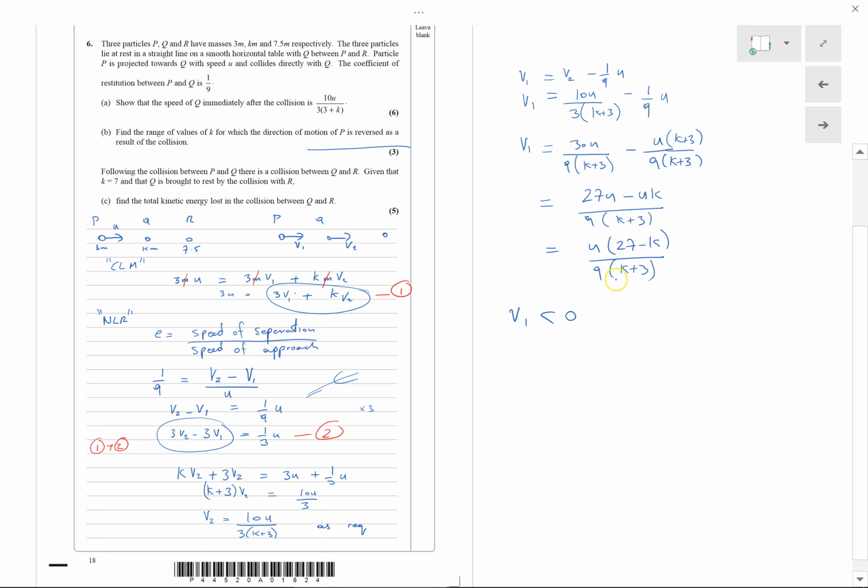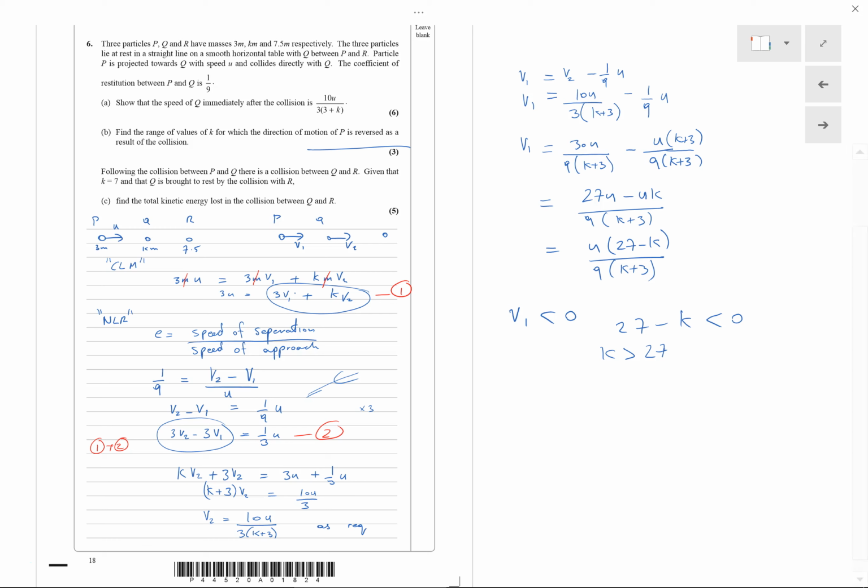So that basically means, because U and K plus 3 is definitely not less than 0, neither is 9, that must mean that 27 minus K is less than 0. So that must mean that K is greater than 27. Okay, so that's that question done.